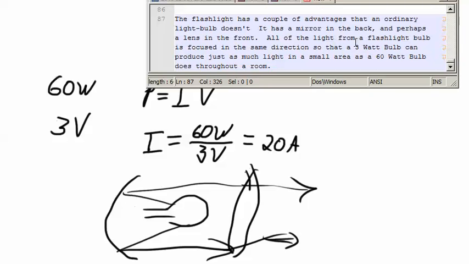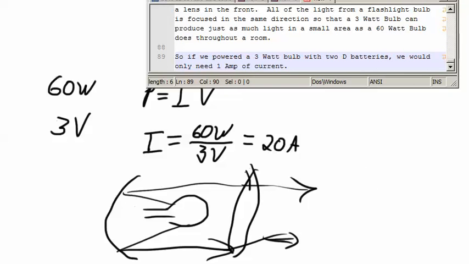All the light from a flashlight bulb is focused in the same direction, so that a 3-watt bulb can produce just as much light in a small area as a 60-watt bulb does throughout a room. So if we powered a 3-watt bulb with two D batteries, we would only need 1 amp of current.